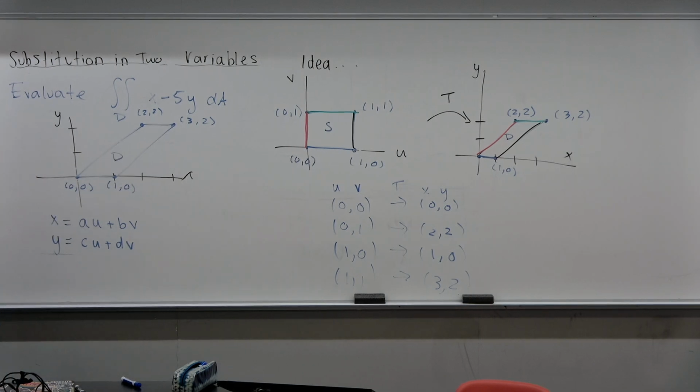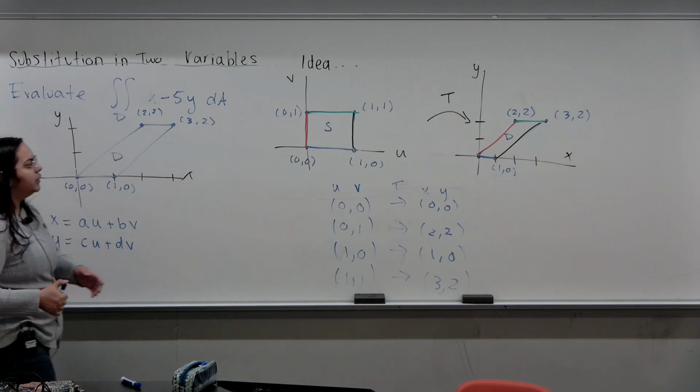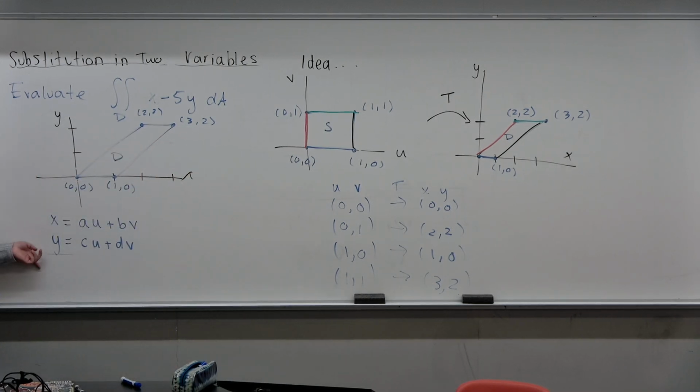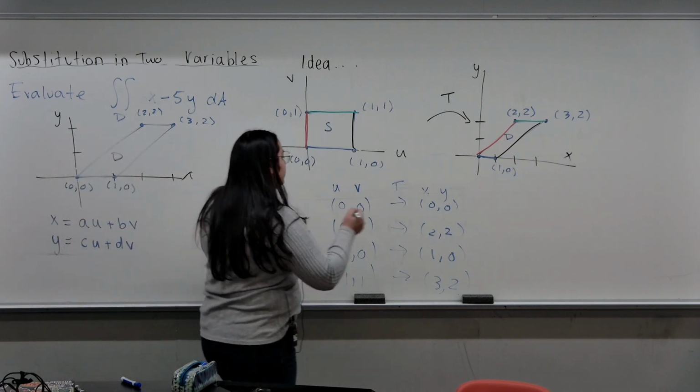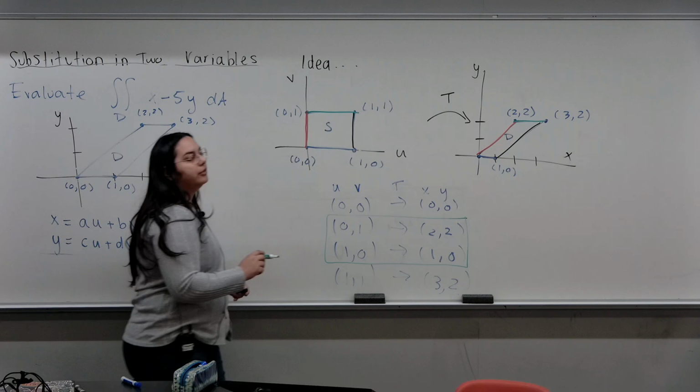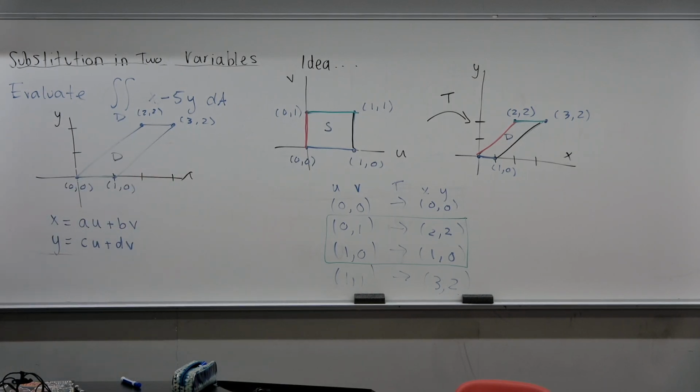So I'm going to use this information to derive a linear system to solve for the coefficients a, b, c, and d. In particular, using the very first ordered pair doesn't give us much information because all you're going to get is that 0 equals 0. But if we use the second two, that is sufficient information to solve for the coefficients a, b, c, and d, right?